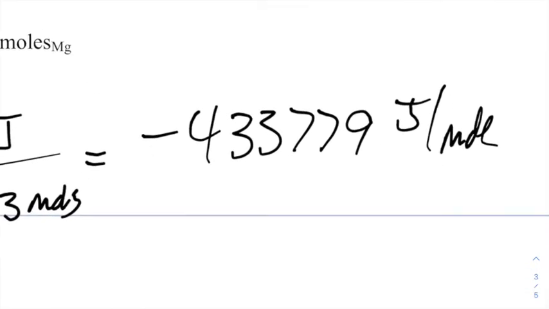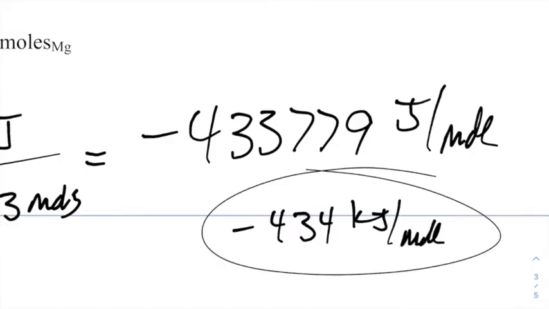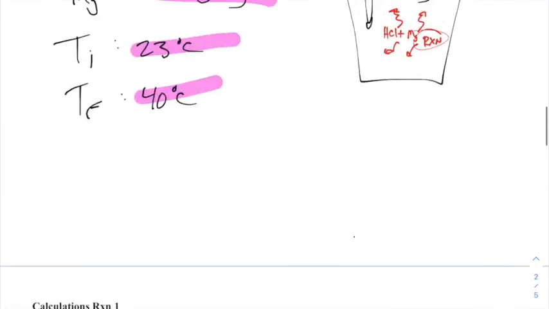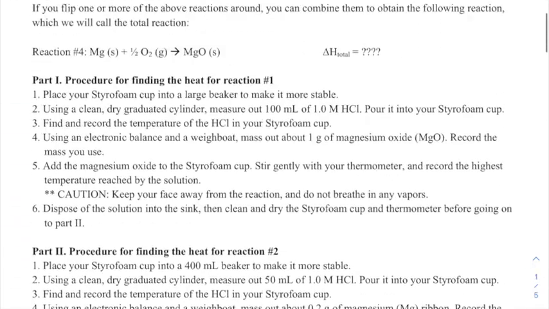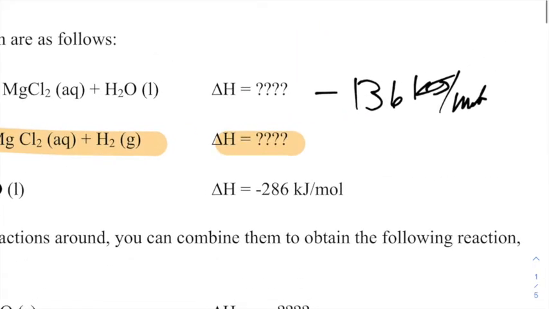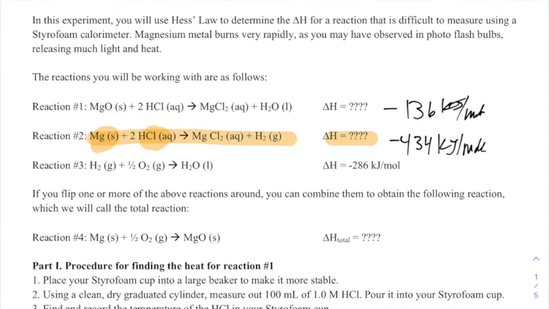That's way too many significant figures, and our number is inconveniently large. So consequently, I'm going to change that to negative 434 kilojoules per mole here. So our second equation that was up here is negative 434 kilojoules per mole. All right, so we're 2/3 of the way there. Negative 136 and negative 434.